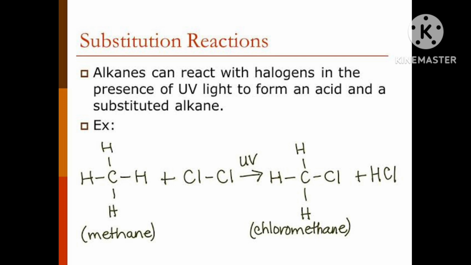Here n is the number of carbon atoms. The general alkane formula, you know, is CnH2n+2, where n is the number of carbon atoms. Correct? The n value may be 1, 2, 3, 4, 5, 6.